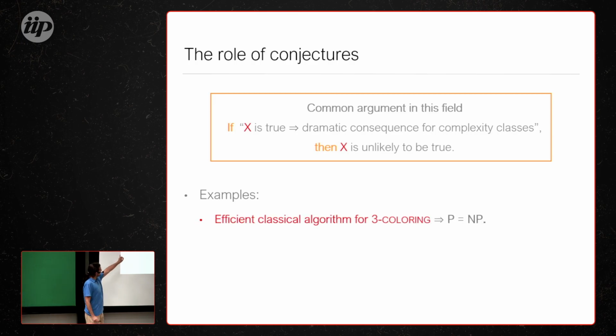For example, if you have an efficient classical algorithm for 3-coloring, P equals NP. Okay, that's one example. And you can think of this as motivation for proving statements of this type in two ways. One of them is a heuristic, right? So if you are doodling in a restaurant and you think you've found a polynomial time algorithm for 3-coloring, you probably haven't, because that would be an earth-shattering result that's probably not going to be proved on a napkin in a restaurant.